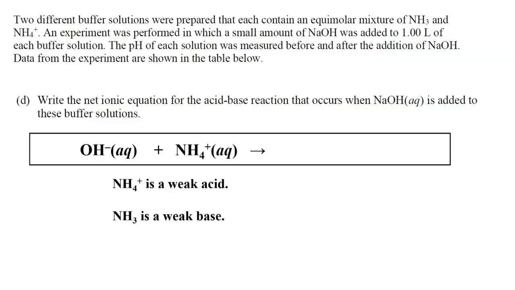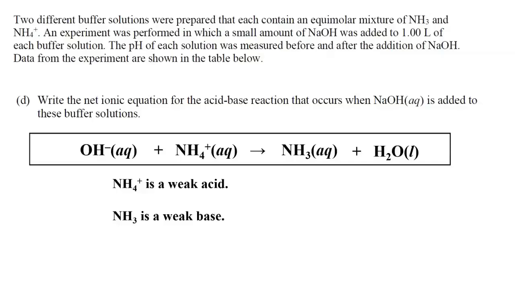So the strong base reacting with the weak acid. And then on the right, you're going to produce water and ammonia, which is the conjugate base of ammonium. So OH minus, the strong base, reacts with NH4 plus, the weak acid, to produce the conjugate base, NH3, and water.